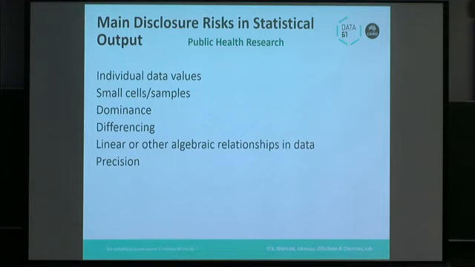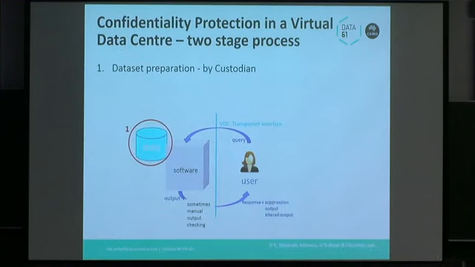So they said, look, can we do something else? So we came up with a proposal which is a two-stage process. There's some preparation of the data set. Typically it's aggregating dates and geography, the two most disclosive types of variables. So some light data set preparation before it goes into the virtual data centre.